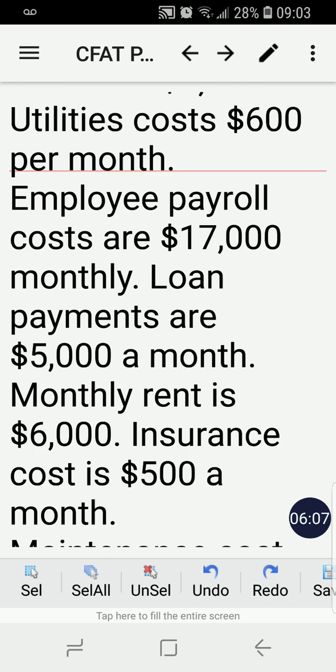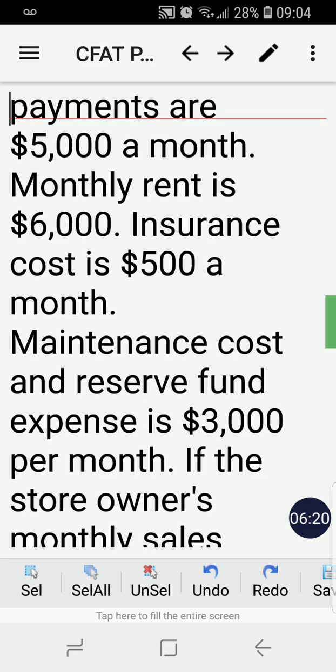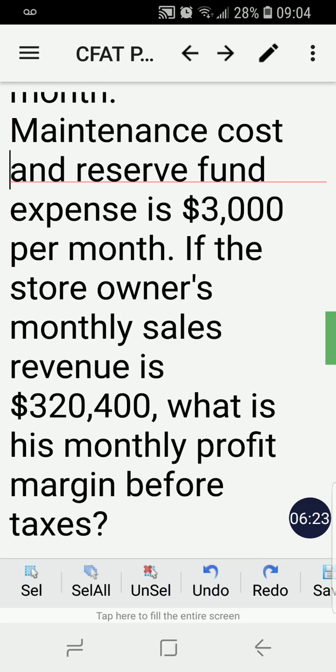Employee payroll costs are 17,000 monthly. Loan payments are 5,000 a month. Monthly rent is 6,000. Insurance cost is 500 a month. Maintenance cost and reserve fund expense is 3,000 per month. And if the store owner's monthly sales revenue is 320,400, what is his monthly profit margin before taxes?